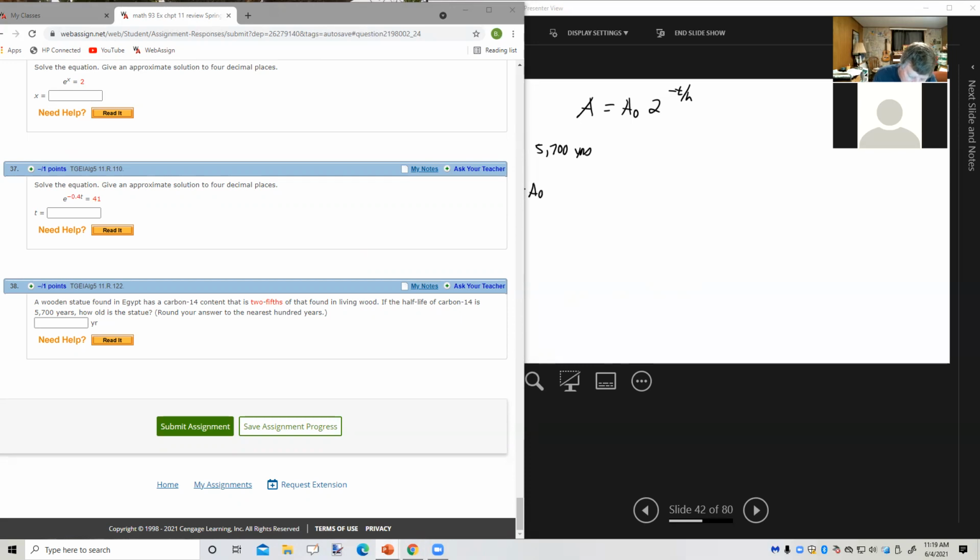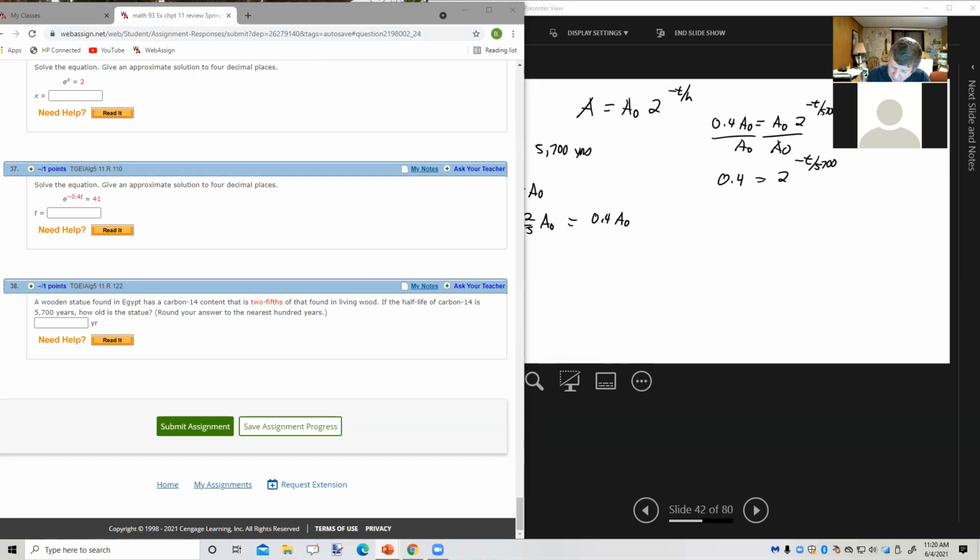The ending amount is 2/5 of the starting amount, or 0.4 of the starting amount. So we get 0.4 A sub 0 equals A sub 0 times 2 to the -t over 5,700 power. We're going to divide both sides by A sub 0. 0.4 equals 2 to the -t over 5,700 power.